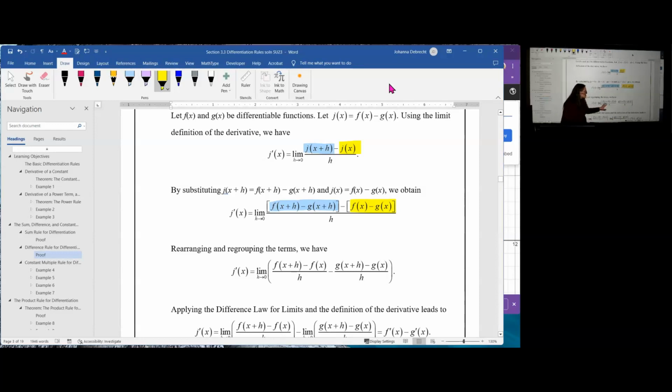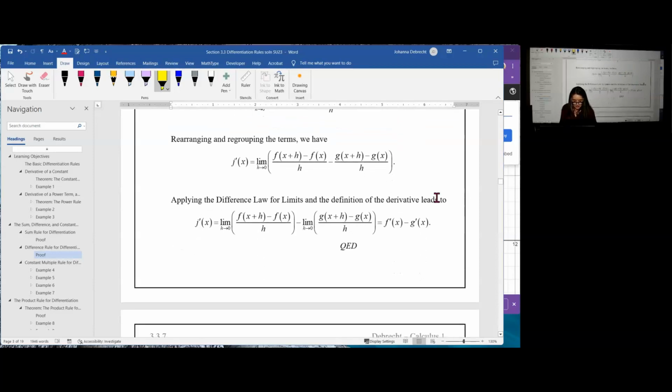This then gives us the difference of the difference quotients. Limit of a difference is the difference of the limits. That allows us to split it into two limits. This is the definition of the derivative of f, and this is the definition of the derivative of g. So we've proved the difference rule.